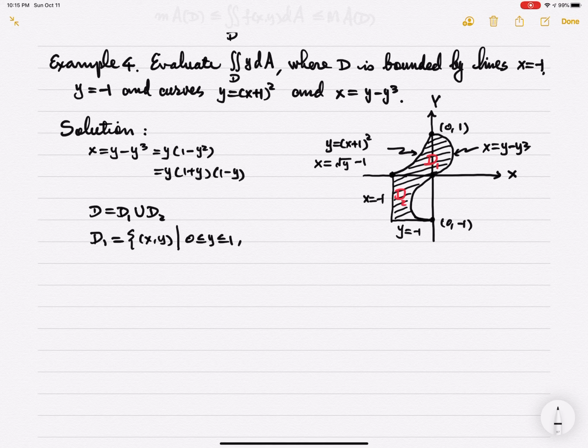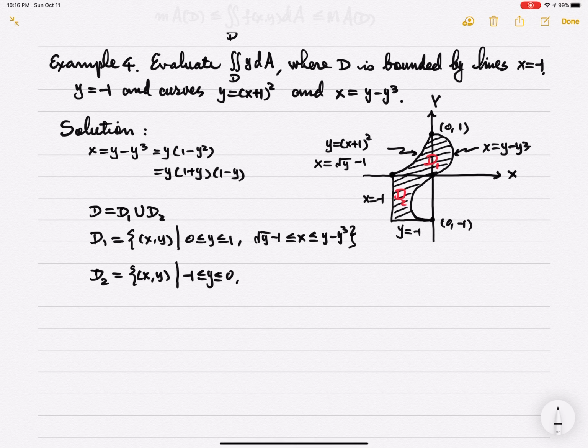You take the square root of both sides, subtract 1 from both sides. So this is square root of y minus 1, less than x, less than or equal to y minus y to the third. And then D2 is the set of (x, y) where, again, y changes from -1 to 0.